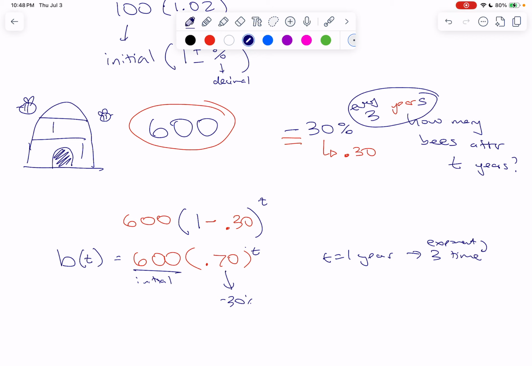I would multiply my exponent by 3. So that would be 3 times a year. You can say that to yourself. It's 3 times the year, so it happens 3 times a year. And again, if I input a T of 2, then my exponent would be 6. So in 2 years, it happens 6 times because it happens 3 times a year.